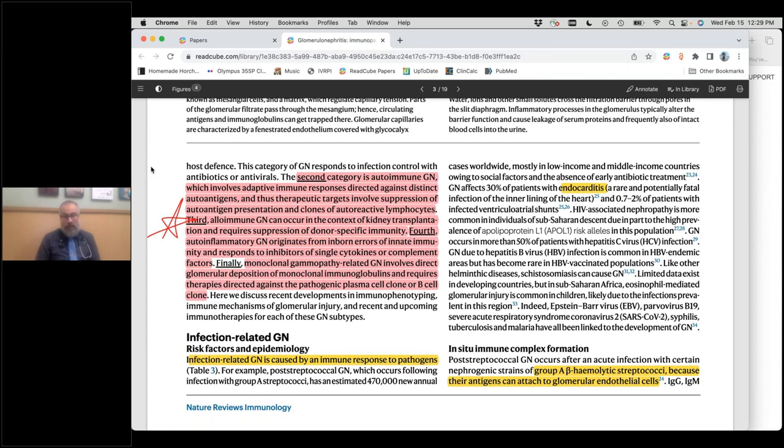We obviously do kidney transplants in cats. Many of those cats can have both acute and chronic rejection. I don't think we have a lot of work into the categorization of that.